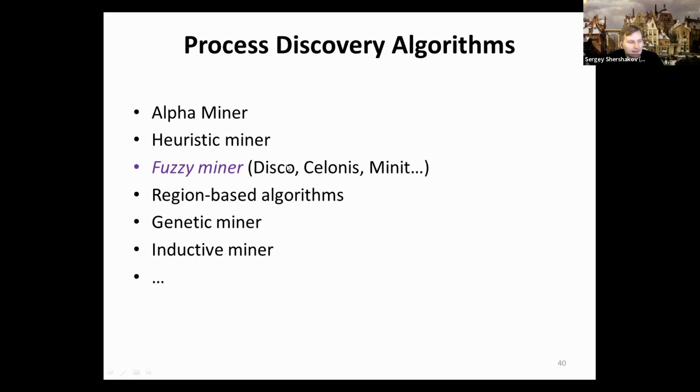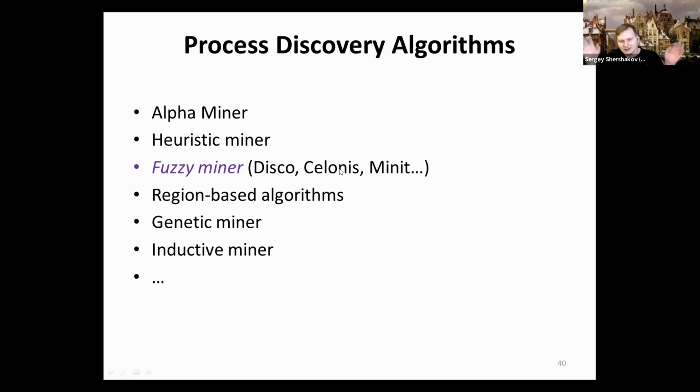I have to note that most commercial process mining tools, such as Celonis, which is the best known so far because it has been evolving for the last years and a lot of money has been invested in this company and this tool.